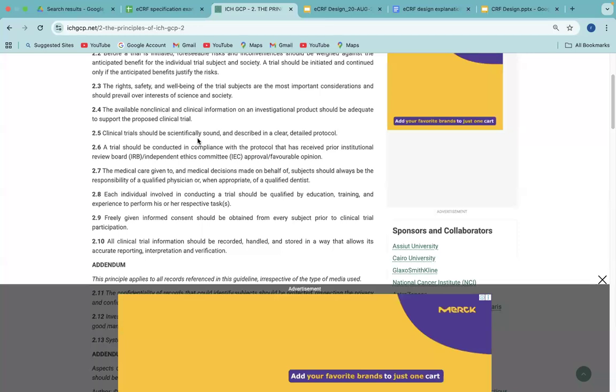And each individual involved in conducting the trial should be qualified by education. You all know why they mostly take medical people, because we are medically qualified. And this kind of training would help you to work on the particular clinical trial.